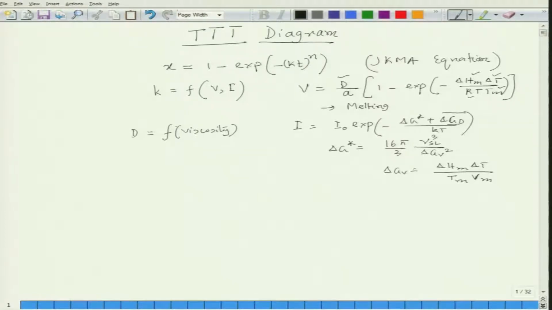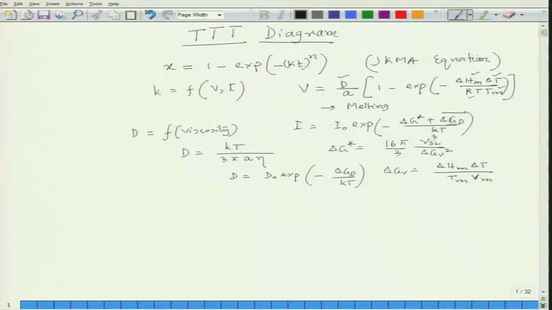And if we consider the Stokes-Einstein equation, we can relate viscosity with D in this form, where a is the lattice parameter, k is the Boltzmann constant, and T is the temperature where the transformation is taking place from liquid to solid. And also this D is related to kT. So, from here we get del GD.